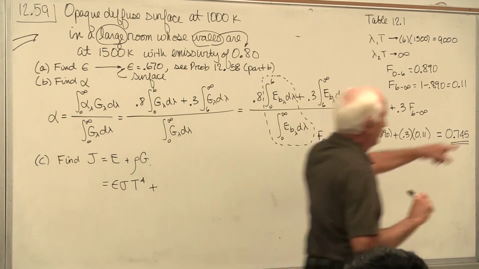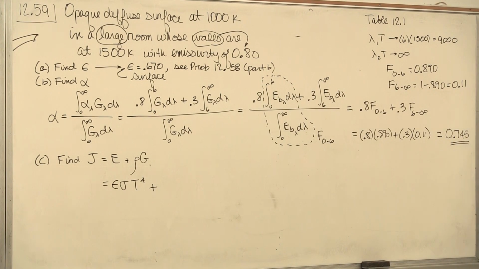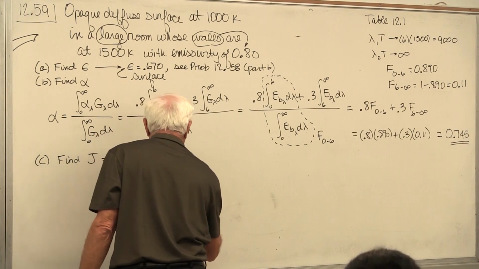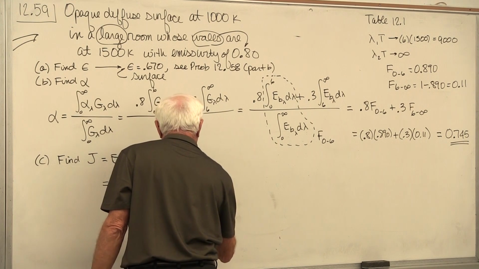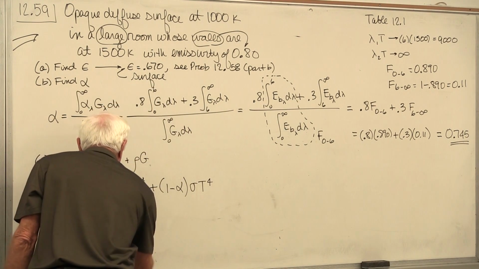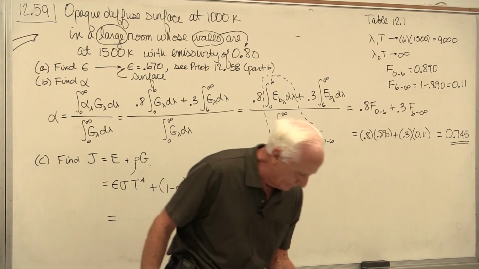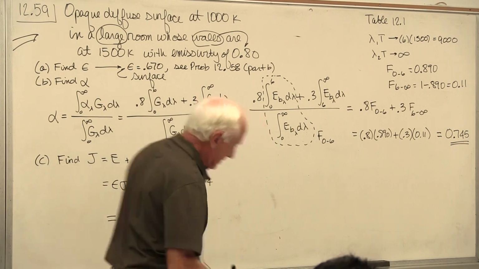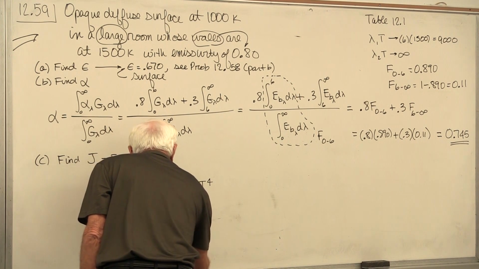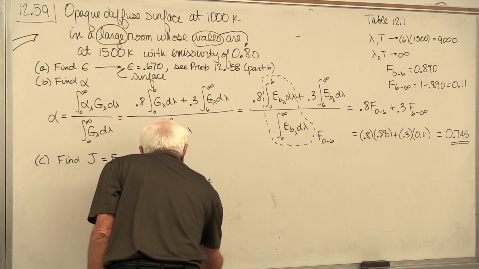If it's opaque, what do I do? I put tau equals 0 here, and if I want rho, rho is equal to 1 minus alpha, and I just found alpha. That comes out to about 111,000 watts per square meter.